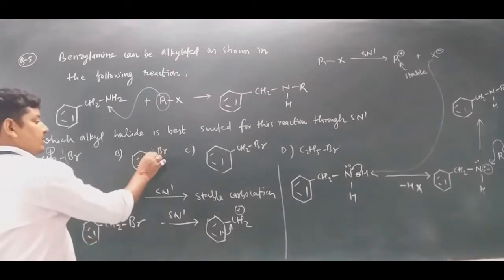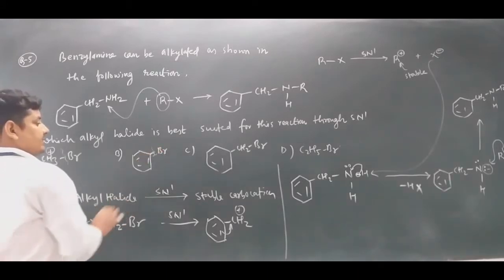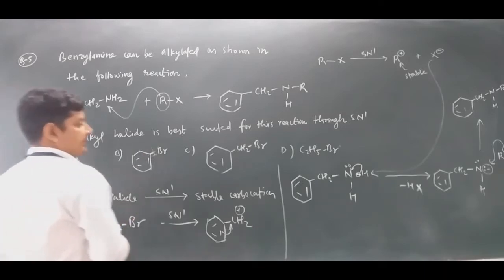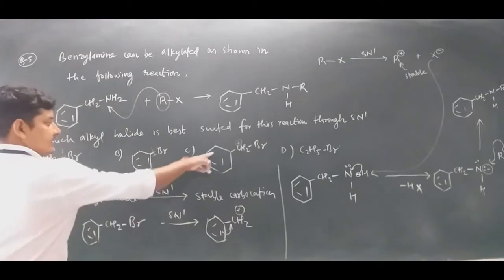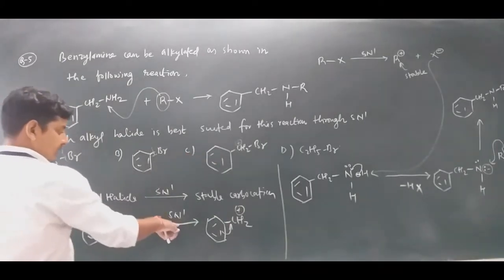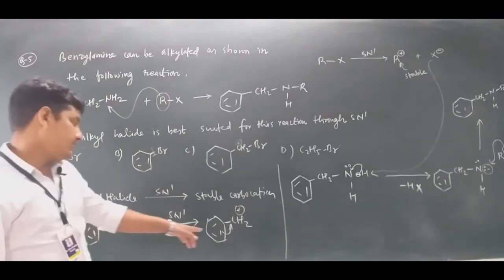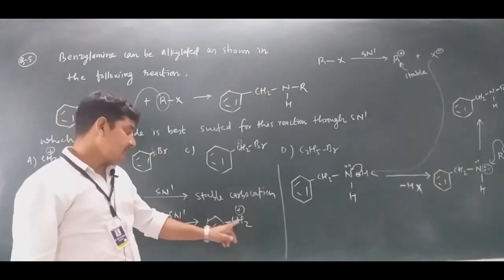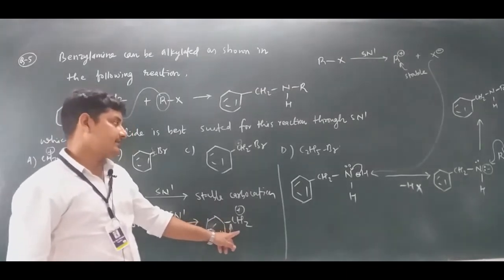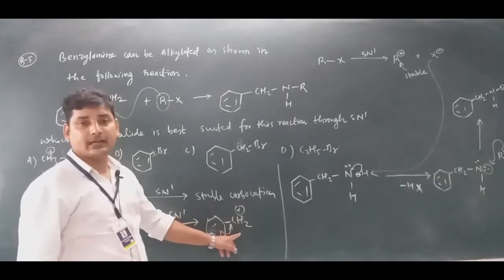This bond will not be cleaved due to partial double bond character, no carbocation. This will give plus like this, CH2Br, and when it proceeds through SN1, it will give this benzyl carbocation. And this benzyl carbocation is resonance stabilized, therefore it is a stable carbocation.